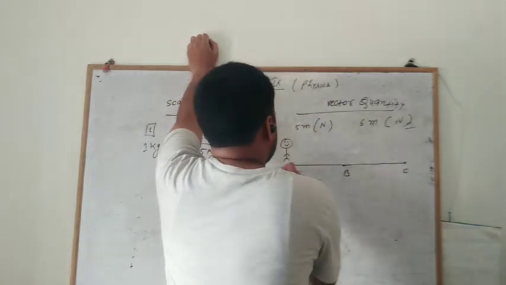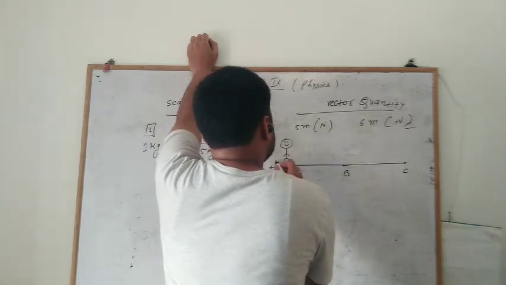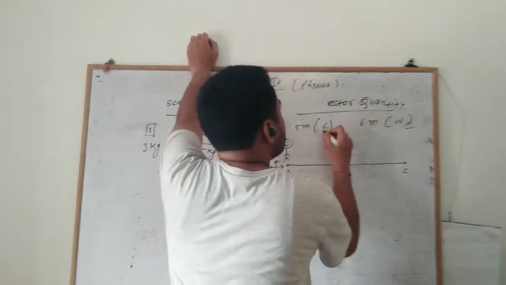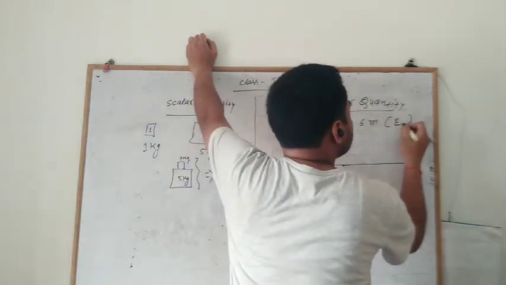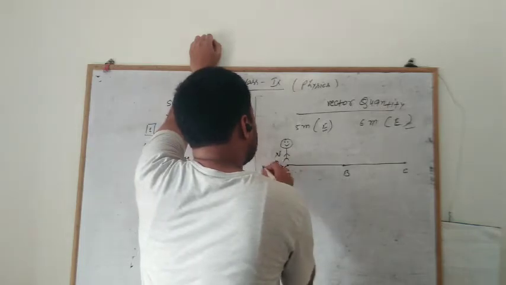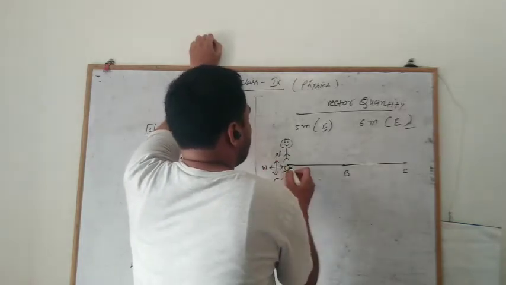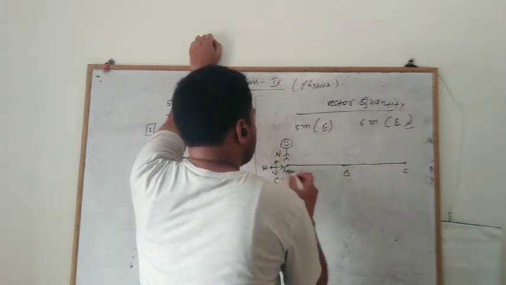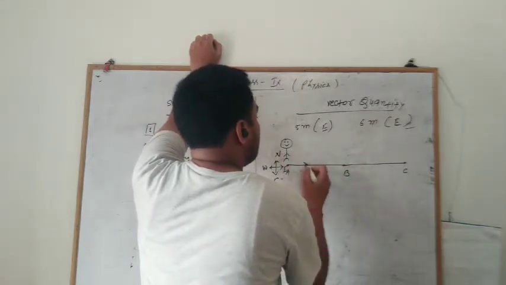Now consider the directions: north, south, east, west. First, from point A to B, Ram is displaced 5 meters in the north direction.